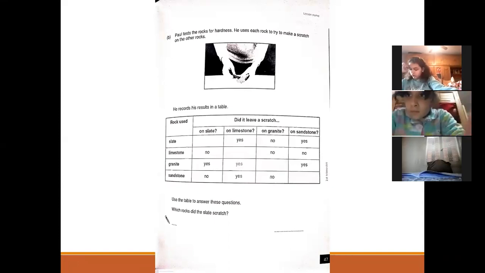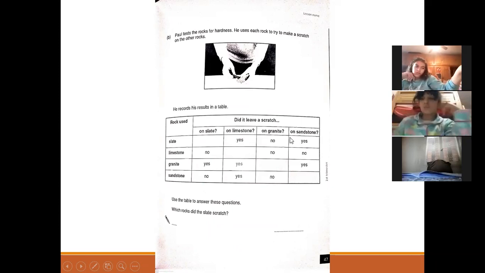It scratched the granite. It scratched the granite? Sorry, and limestone. The limestone, yes. And what? The sandstone. And the sandstone, exactly.